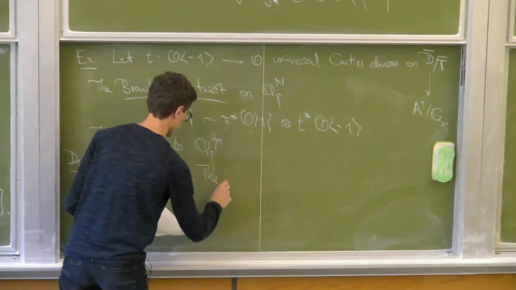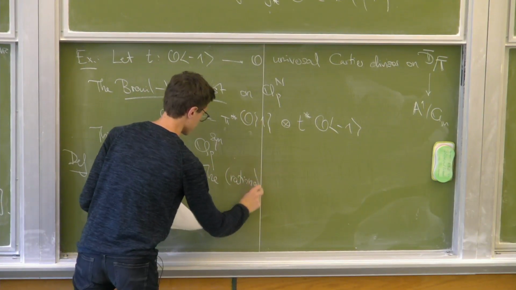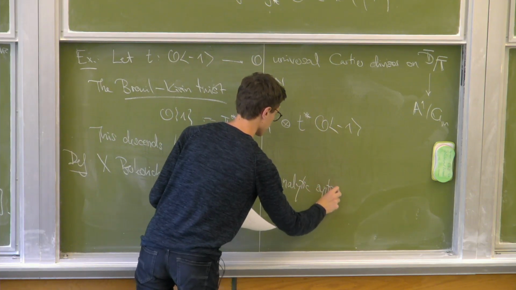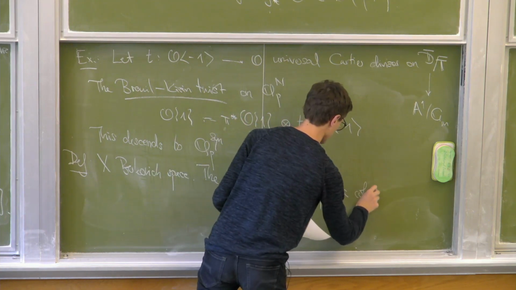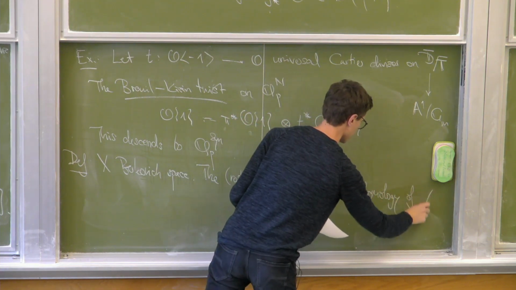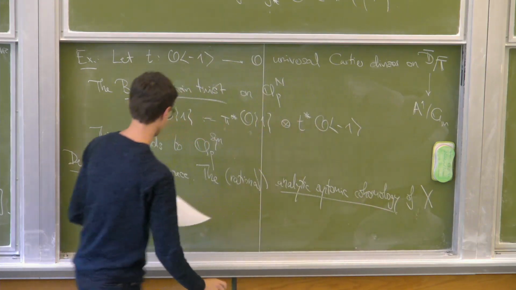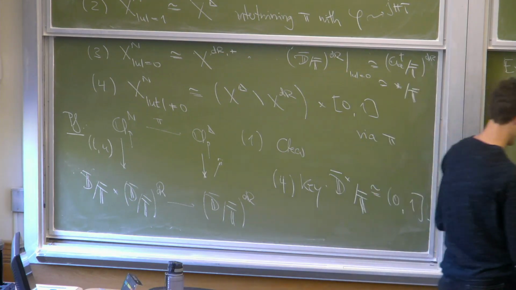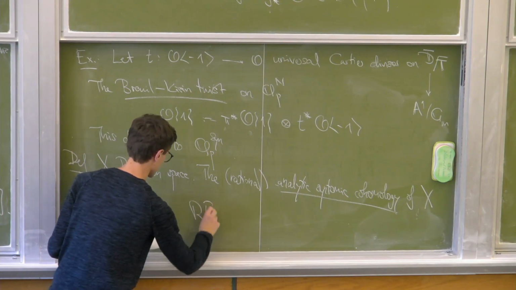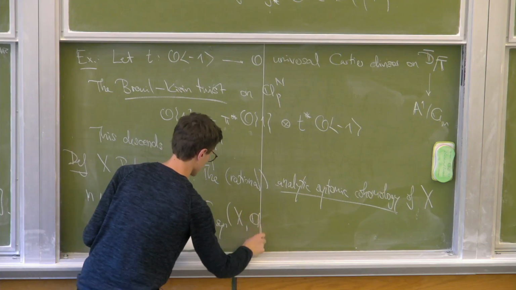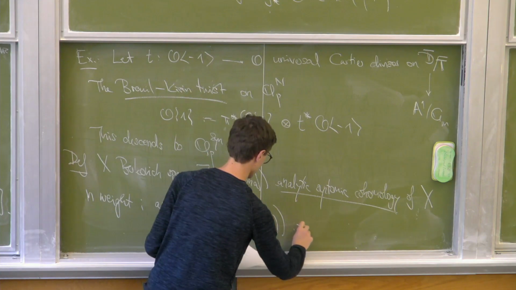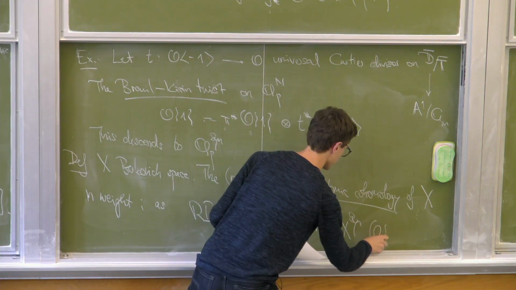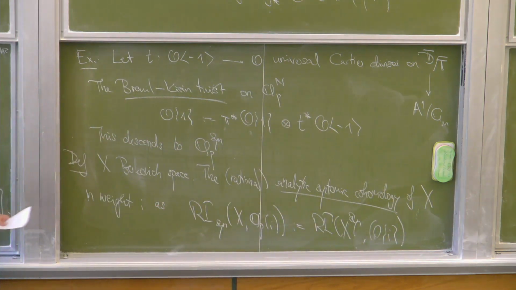Then I can define the rational analytic syntomic cohomology of X in weight i as just the cohomology on X_syn of the i-th power of this Breuil-Kisin twist.